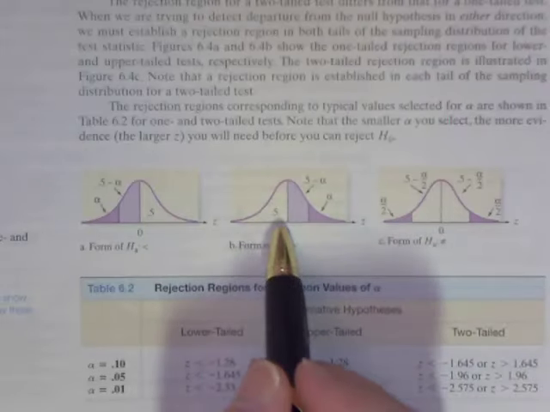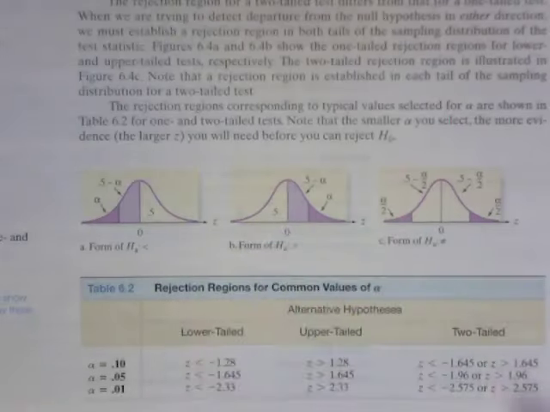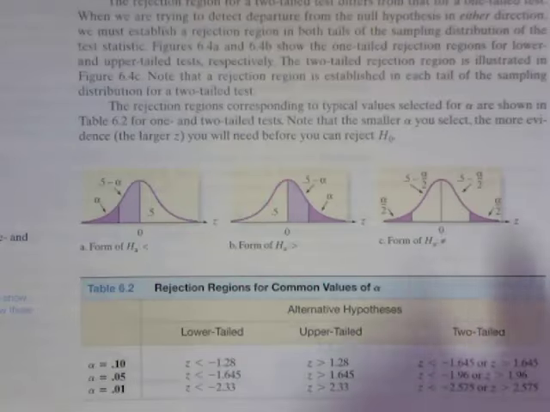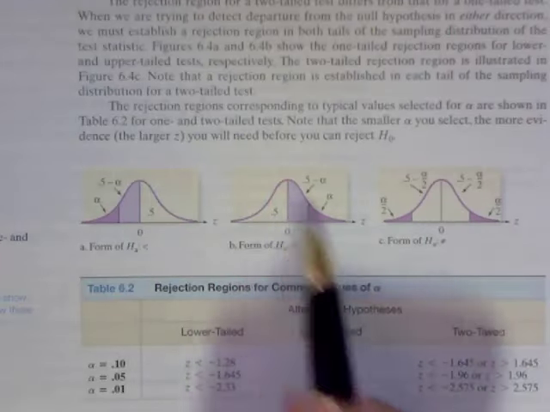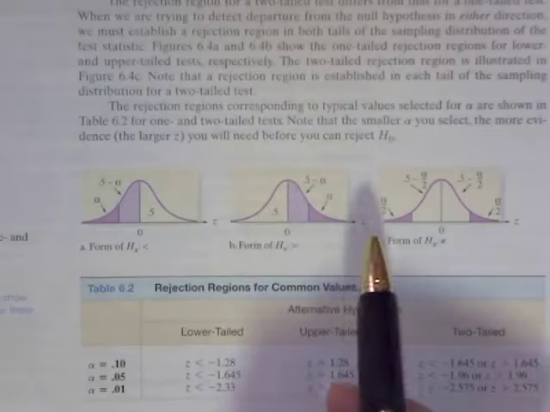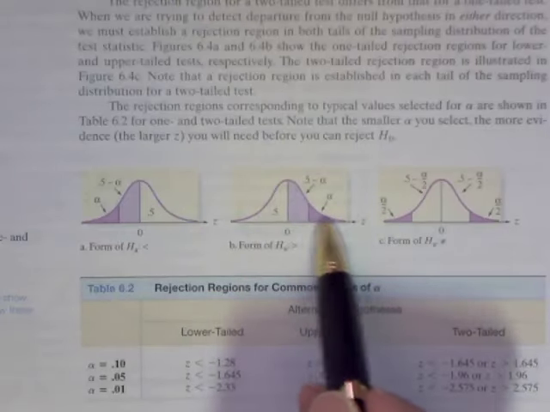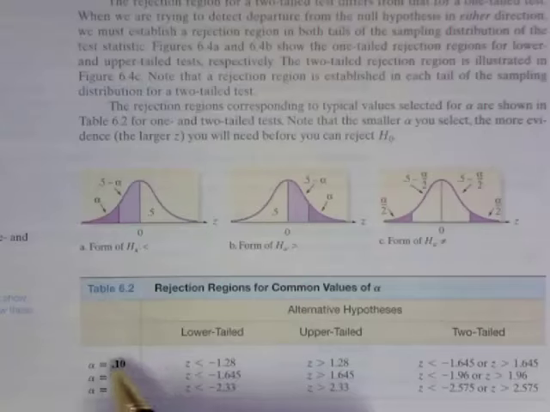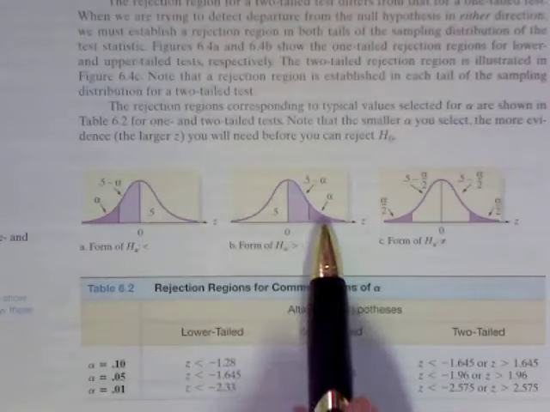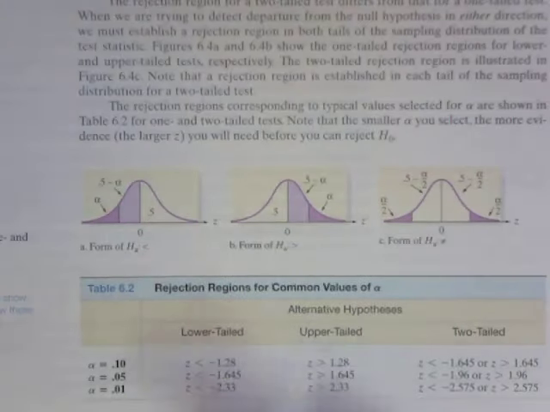So here's the null hypothesis, the status quo, and then we give them the benefit of the doubt because there's some randomness involved in sampling. But if we're out here, then we're 90 or 95 or 99% certain that it's pretty rare to get a sample that falls in these regions. That's the idea in test of hypothesis.